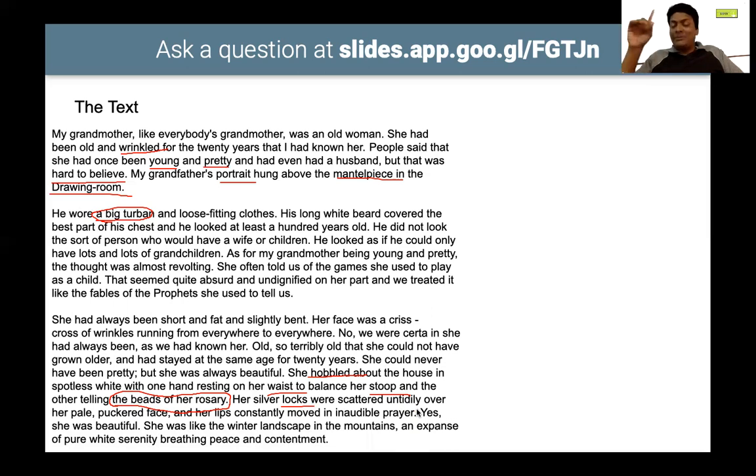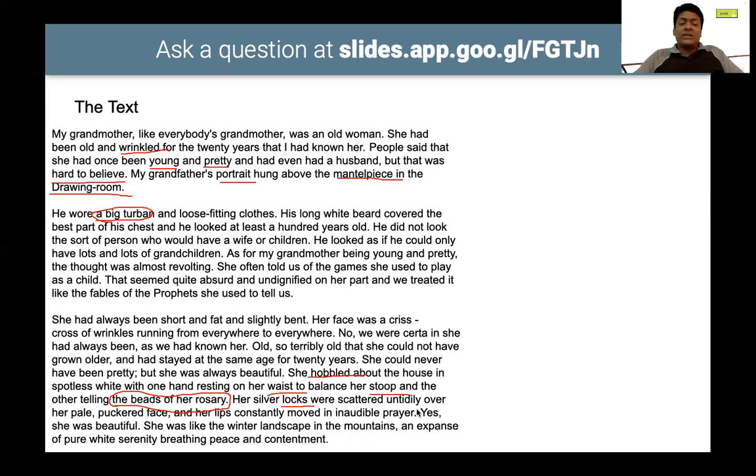Like the landscape. Landscape means a picture in the mountains. During winter, the kind of picture we find at the top of a mountain, how the mist is covered and it looks white in color, right? An expanse of pure white. So it seems her face appears pure, holy, white.